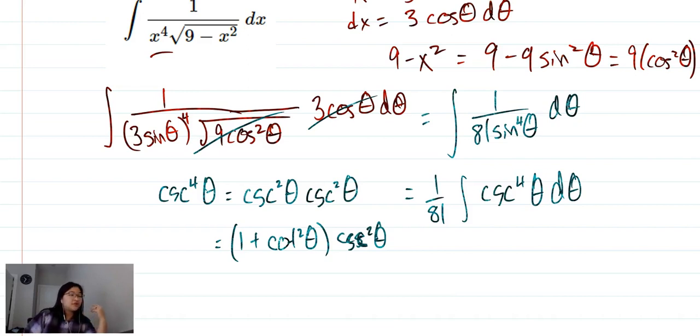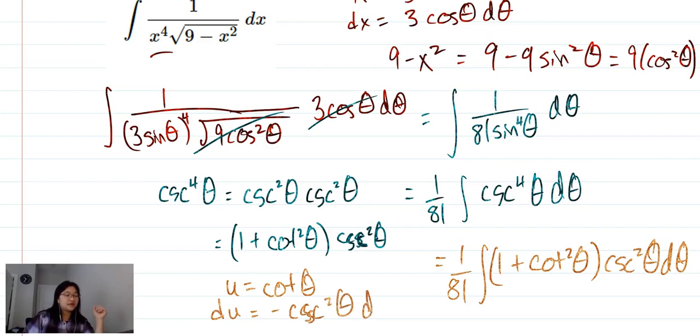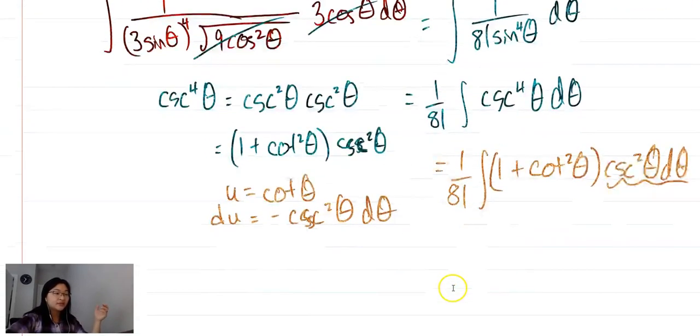We have this equal to 1 over 81 times the integral of 1 plus cotangent squared theta cosecant squared theta d theta, and then we let u equal cotangent theta. Then du is going to be negative cosecant squared theta d theta, which is there, so we negate everything, and then we'll still be okay.